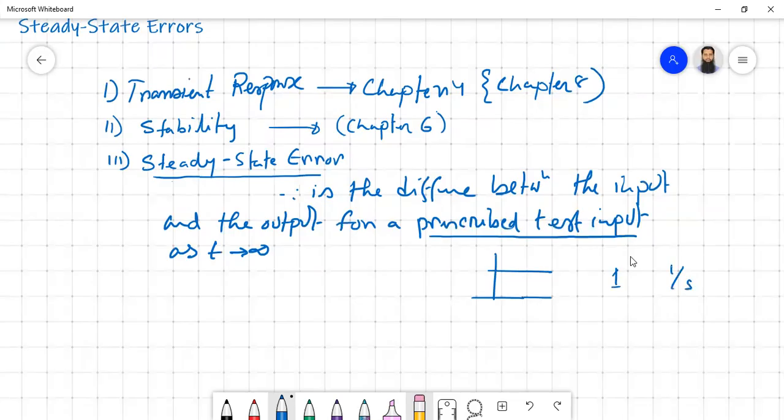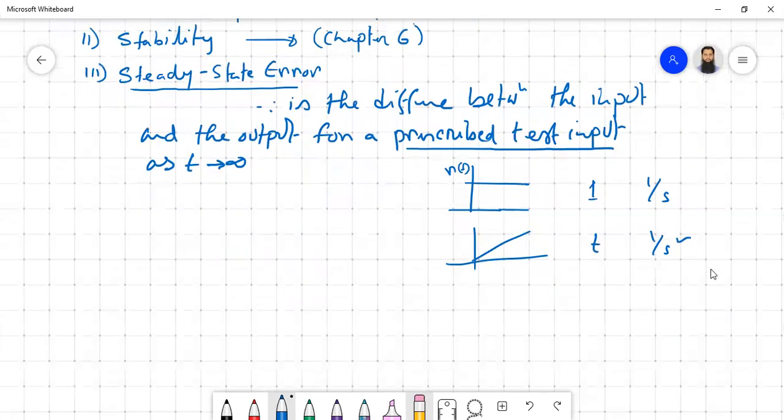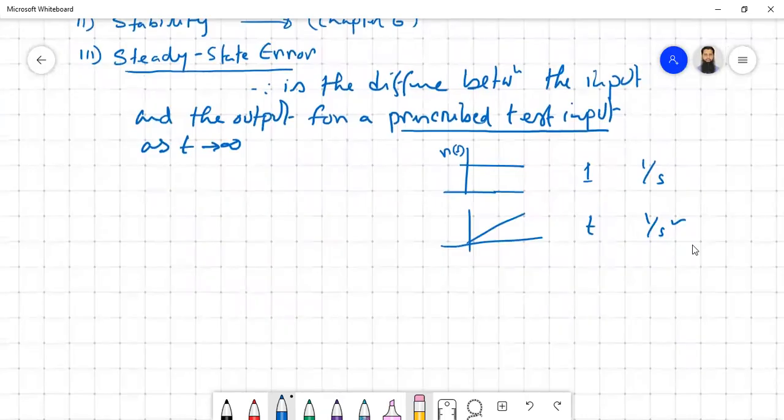Then you have ramp: time domain is t and Laplace domain is 1 by s square. And the third one is the parabolic one: half t squared, and 1 by s cube.